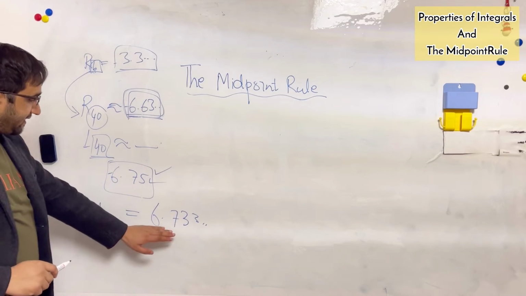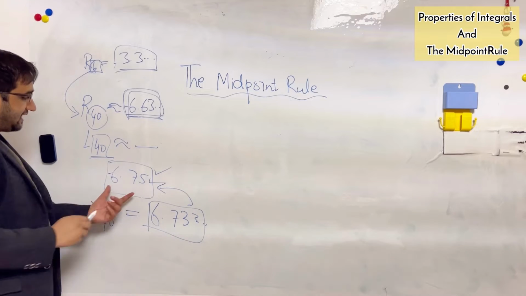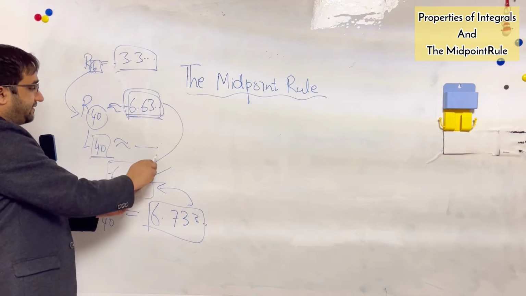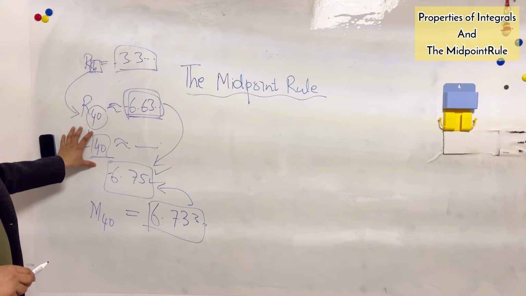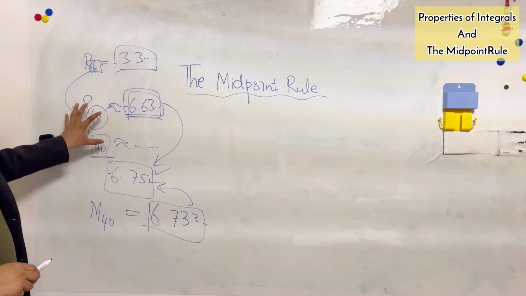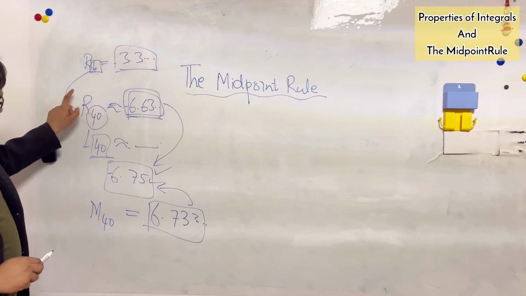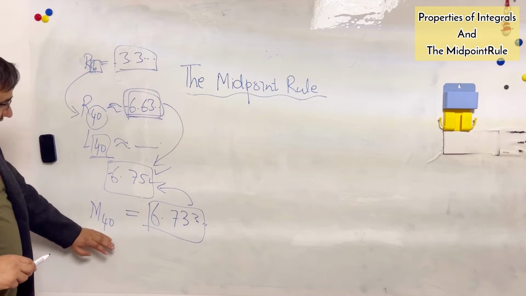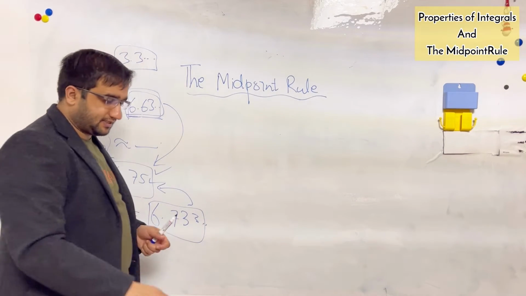So you can see this number is very close to the actual number as compared to this number. So R40 and L40 are good for approximation if we increase the number of intervals, but M, the midpoint rule, is much better than the left or right points.